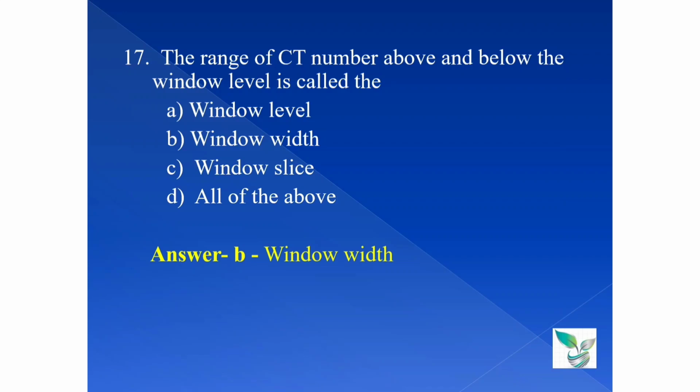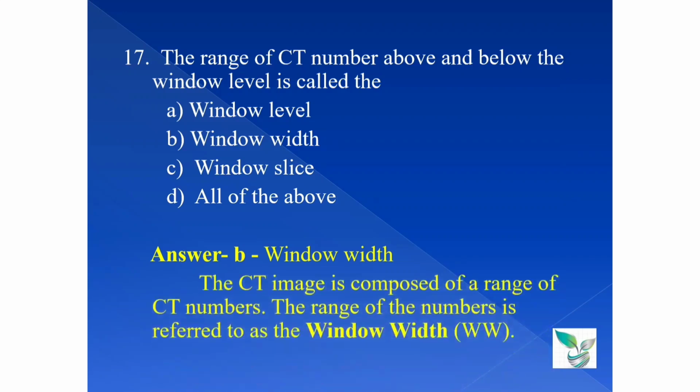That scale corresponds to the window width, and the mid of that scale is known as the window level. So what is meant by window width? The CT image is composed of a range of CT numbers, and this range of numbers is referred to as the window width.